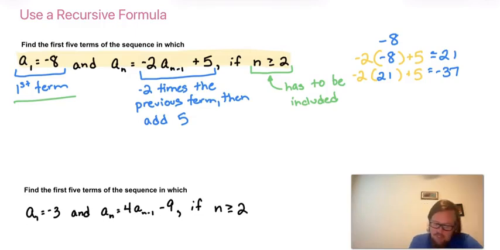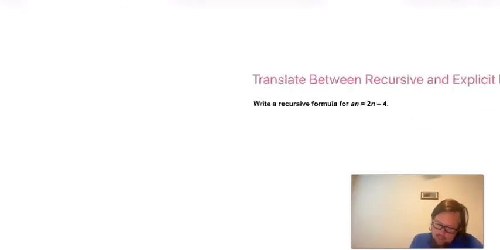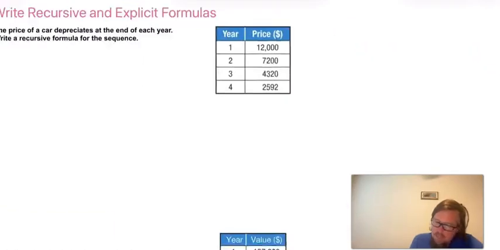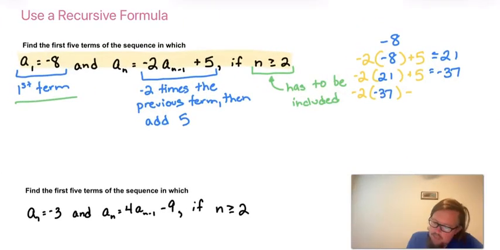So our fourth term we find by taking that term, -37, multiplying by -2. Might need a calculator here in a minute. These numbers are starting to get pretty big. Oh, lost my spot. There we go. Plus 5. -2 times -37 is +74, and +74 plus 5 is +79. There's our fourth term.